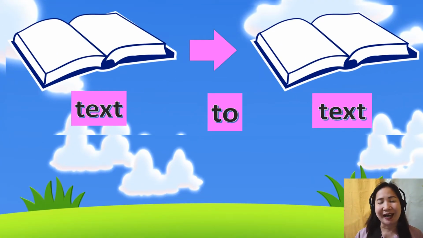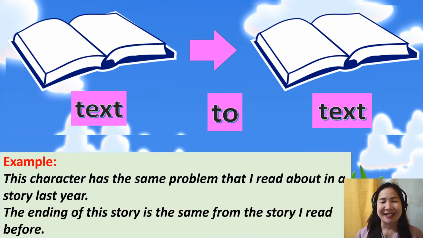Let's look at the example for text-to-text connection for you to understand it more. Let's read the examples. This character has the same problem that I read about in a story last year. The next example is, the ending of this story is the same as the story I have read before.